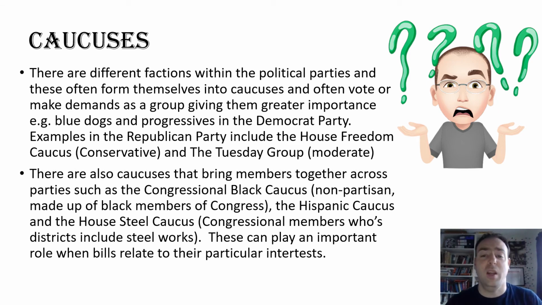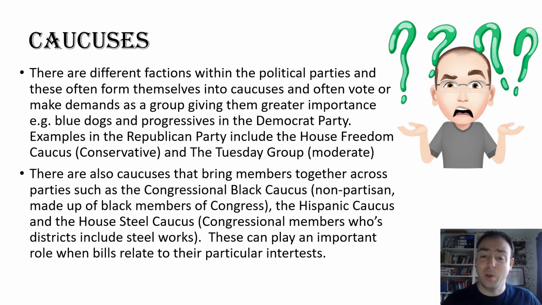Here we've got the House Freedom Caucus, which is a highly conservative caucus, and we've got the Tuesday Group, which is a moderate caucus, and again the Republican Party leadership or a Republican president trying to get things through might meet with one of those caucuses to negotiate. Again, if we look forward to Biden, then he might sit down with the Tuesday Group and have a chance of getting some of his legislation passed.